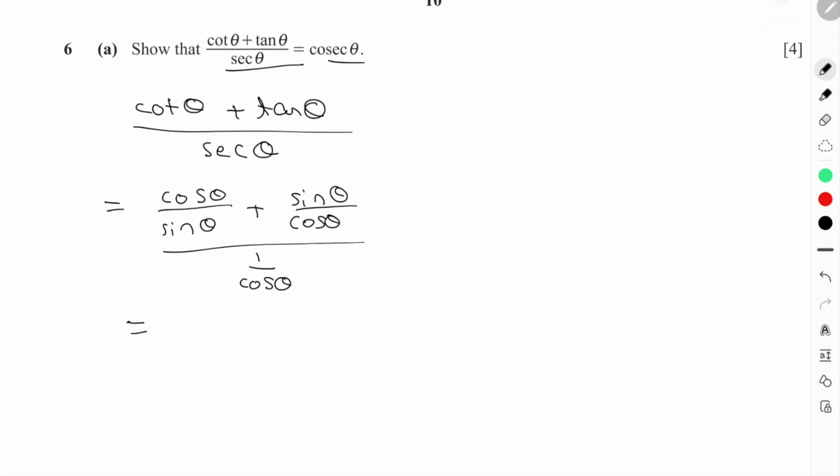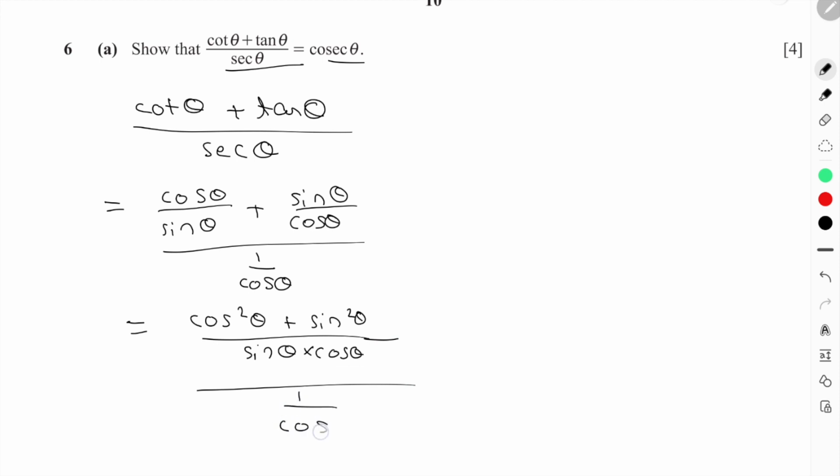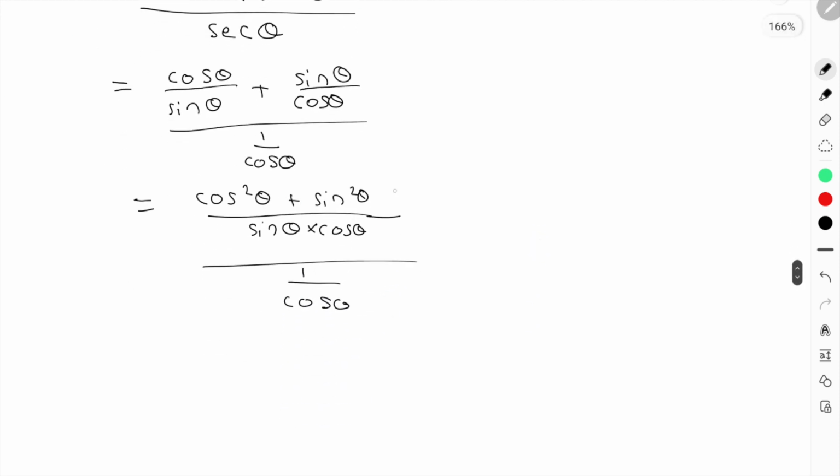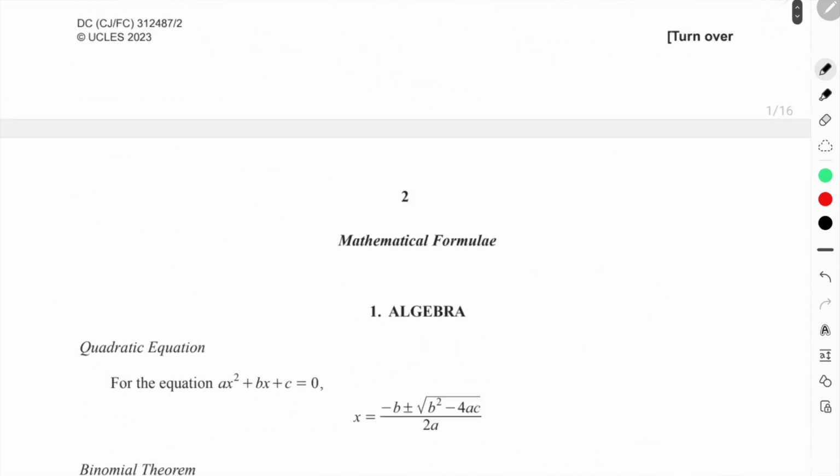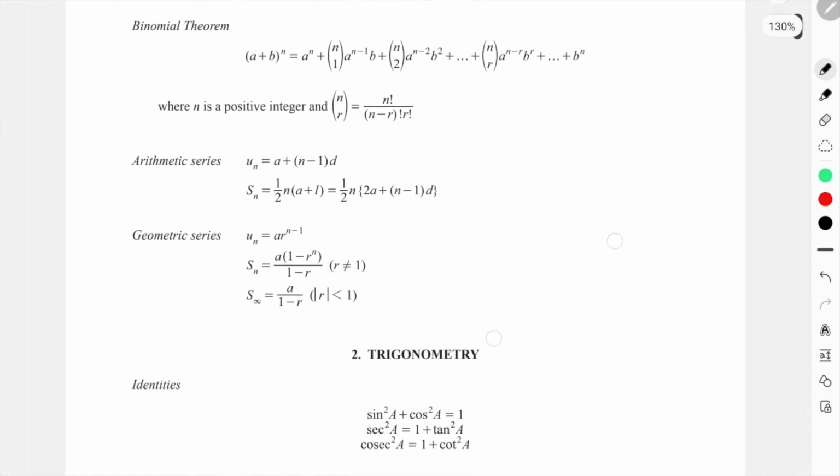Like after this, you just simplify. If you don't get this step right, it's gonna be pretty hard to get the final answer. So it's gonna be cos squared theta plus sine squared theta divided by sine theta into cos theta divided by 1 by cos theta. We know that this is essentially 1 because in the formula booklet, I think it's there. If not, it's pretty simple to remember.